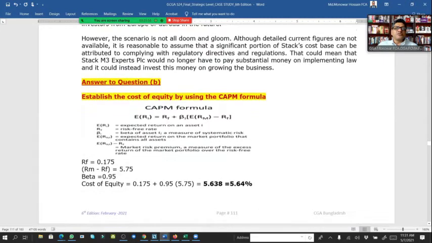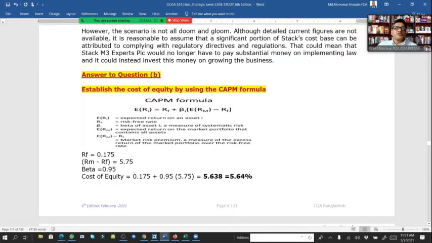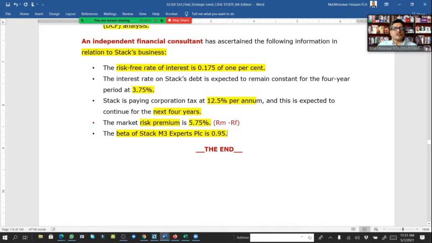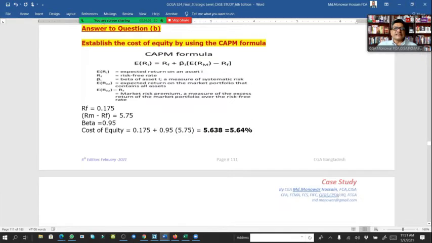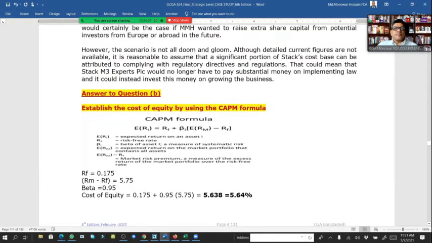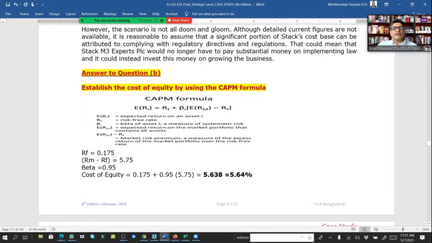If we put the data given in the situation, we can calculate easily. The risk-free rate of return is 0.175, beta is 0.95, and market return minus risk-free rate of return, that means the risk premium, is 5.75.